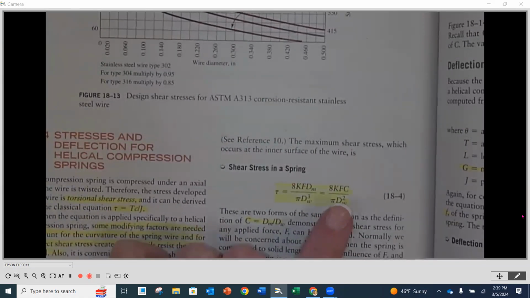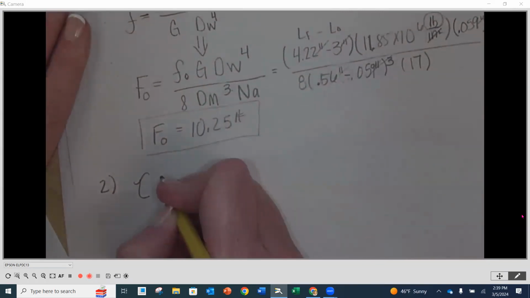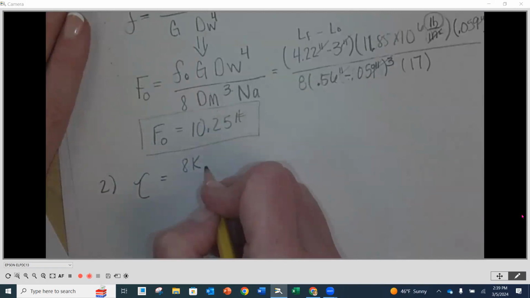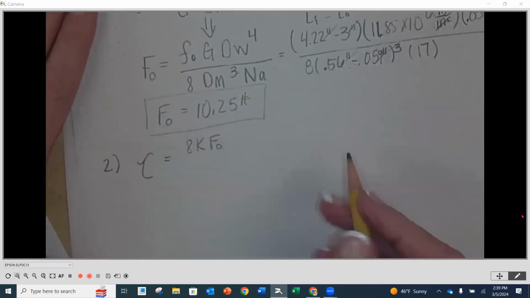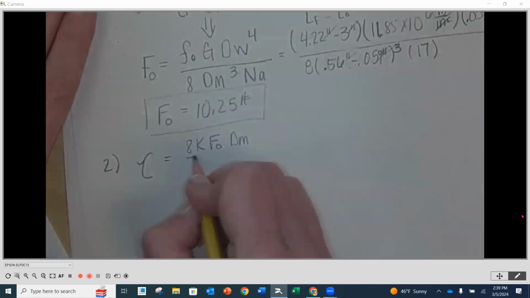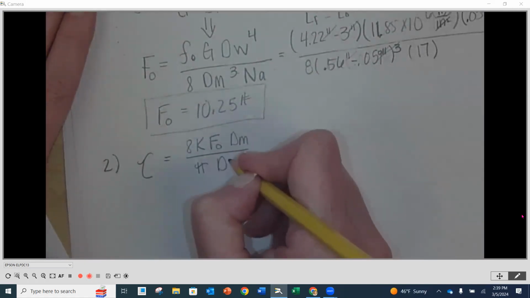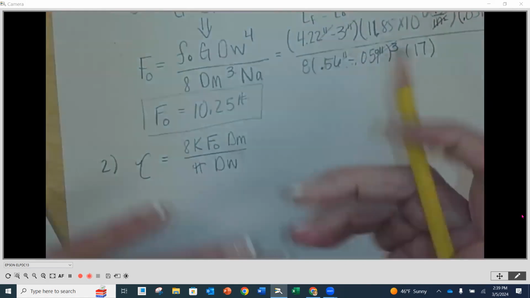It's going to be 8K times F times C divided by pi divided by dW squared. So it's equal to 8K times F, and this is our operating force that we just calculated, times our mean diameter divided by pi divided by the wire diameter squared.